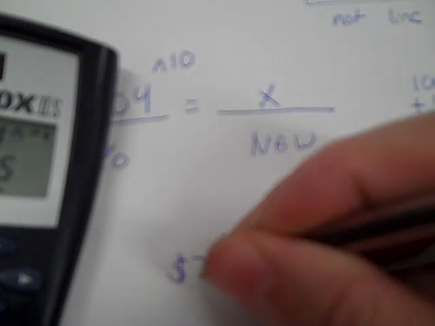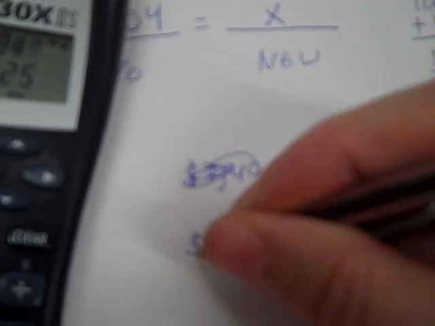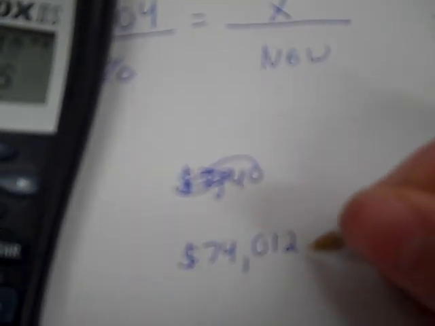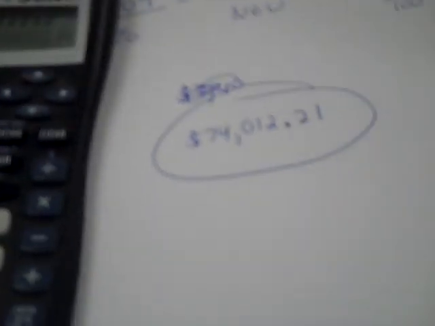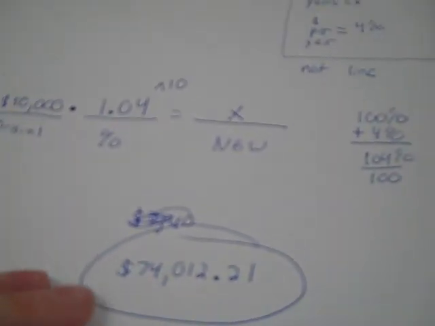So I take 50,000 times 1.04 to the 10th power. And I get 74,012.21. Okay, if you're dealing with money, you want 2 decimals.